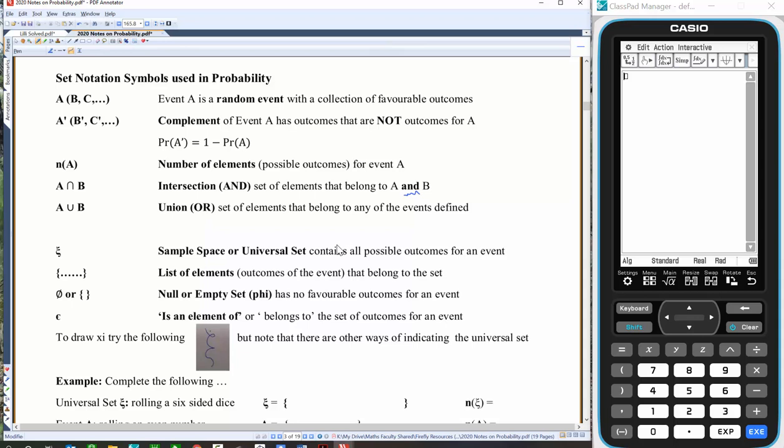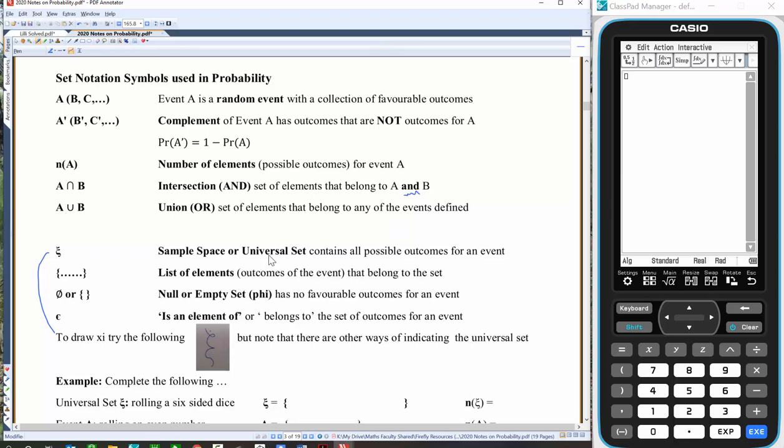The sample space or universal set is represented by this Greek letter here, and it's Z. Excuse me if anyone's of Greek origin and finds that funny that I say that poorly, but that's my best effort. That's also my best effort at drawing Z. I'm not a great drawer of Z, and all I ask is that you attempt to draw it the same way.